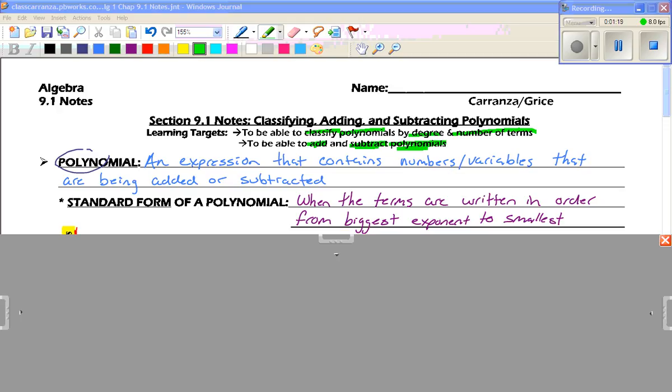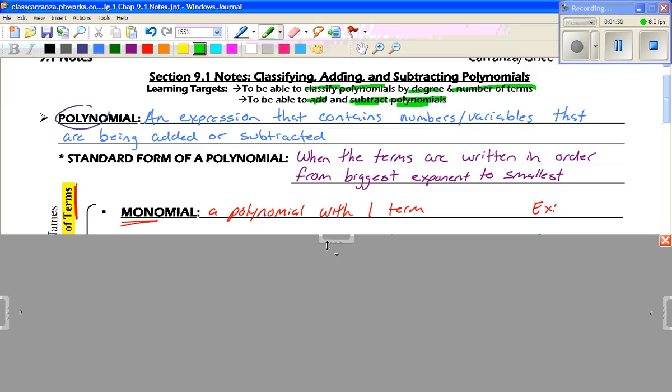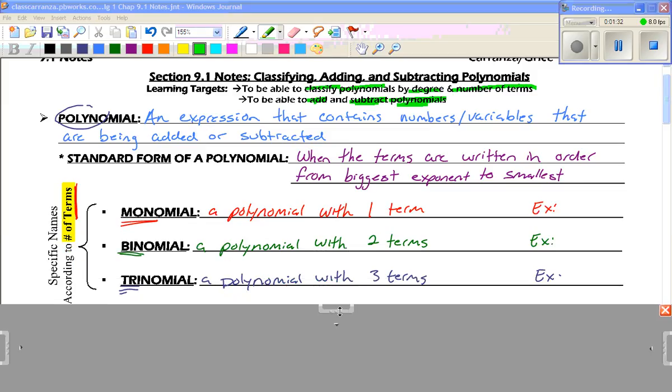So, let's get some more definitions down. If you need to, at any time, just pause the video, and you can get that done. The first thing we're talking about are the specific names according to the number of terms.